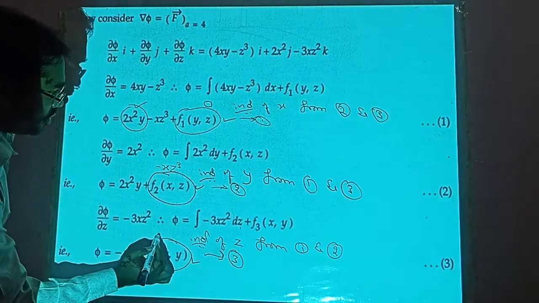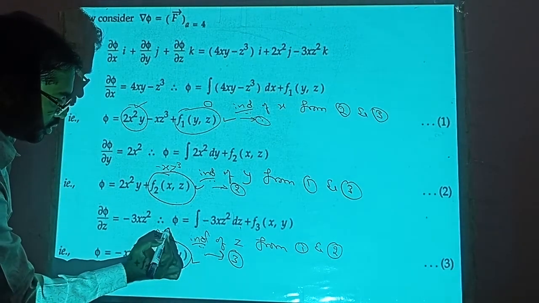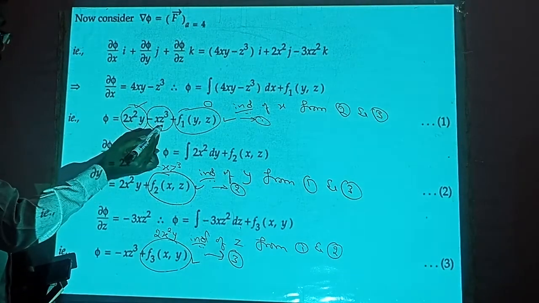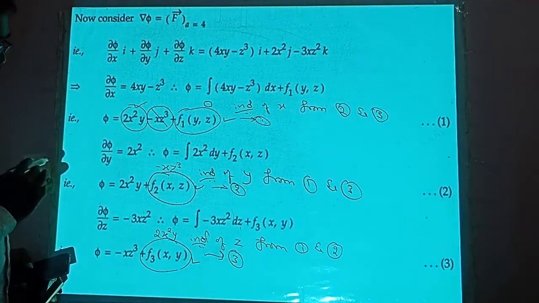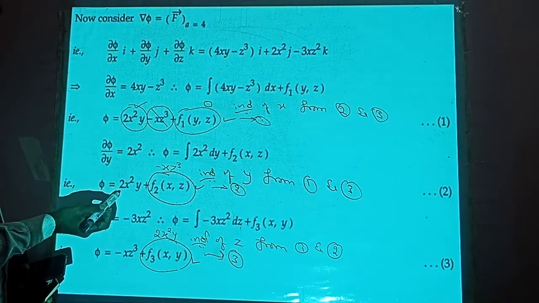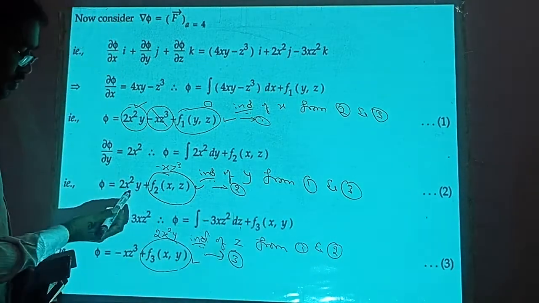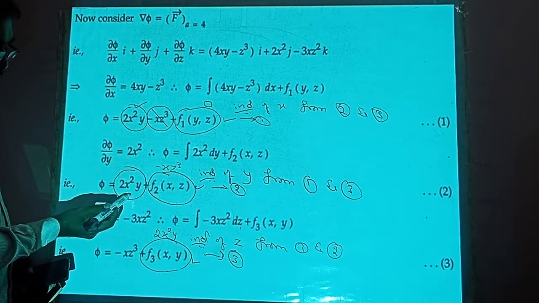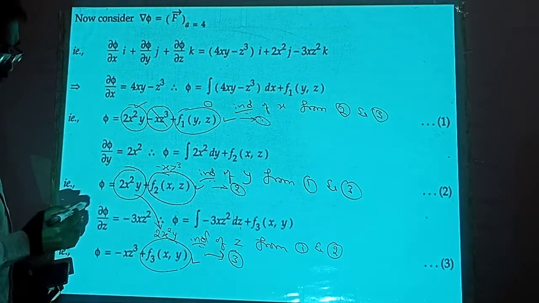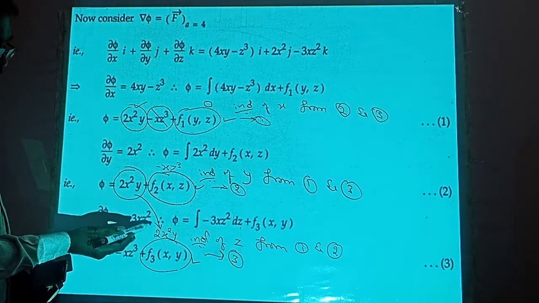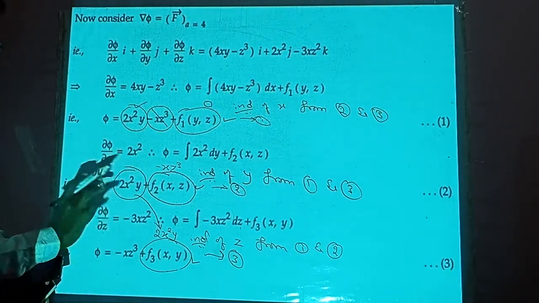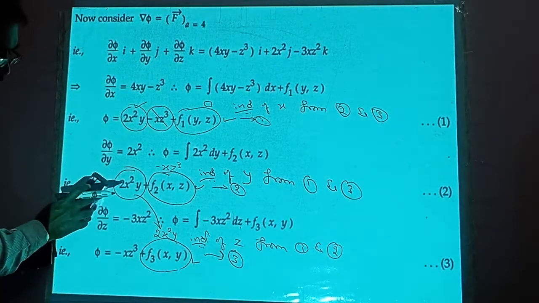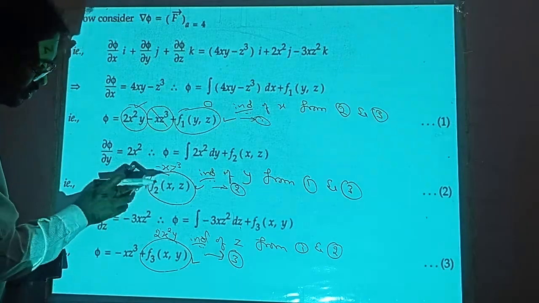Let us write down 2x square y. Now this term contains z, so we cannot take. Let us go for equation number 2. In this term, we don't have z, it is independent of z, but we have already selected the same term, so you cannot take it again, only one time. So we have almost selected all the values of arbitrary constants.